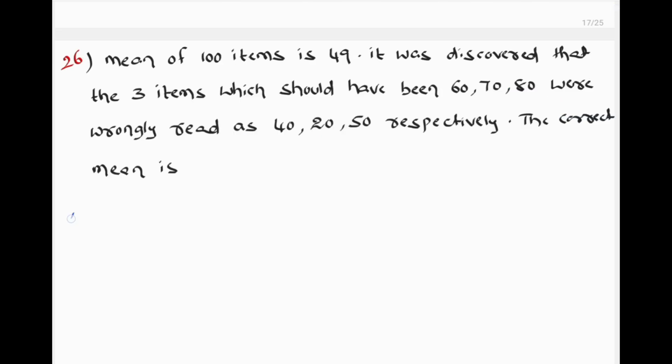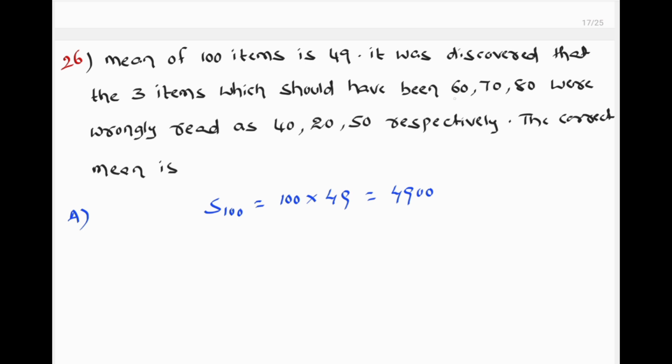So in the problem, there are 100 items with the mean 49. What is the sum of the 100 observations? Number of observations with the mean, that will be 4900. In the calculation, 3 items which should have actual number will be 60, 70, 80.